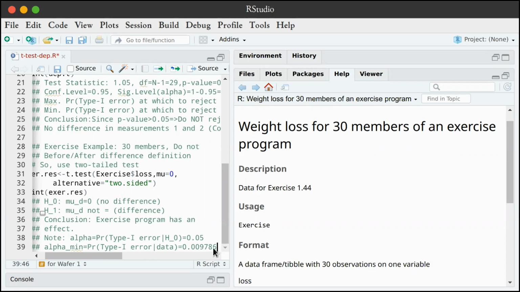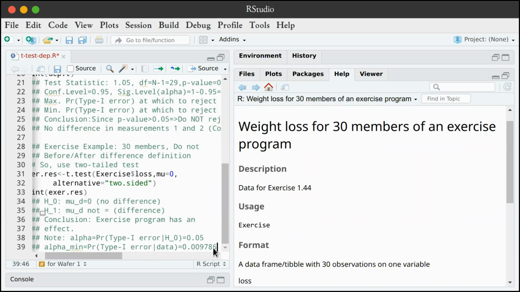Another easier way of interpreting, well, alpha is the probability of type 1 error under the null, a false positive. You rejected the null and concluded that there is a difference. The exercise program has an effect.